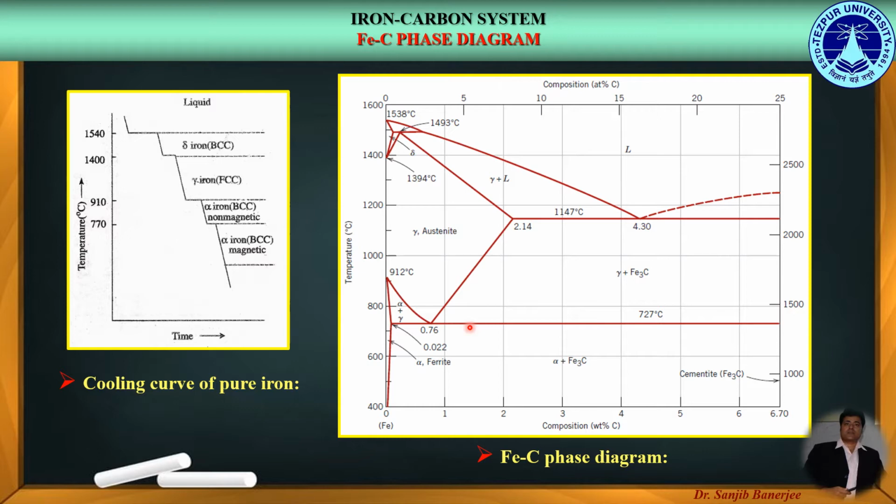Since the hypereutectoid steel has the composition of pearlite plus cementite, and the hypoeutectoid steel has pearlite plus ferrite, and cementite is a brittle phase compared to the ferrite phase, the hypereutectoid steel is a brittle one compared to the hypoeutectoid steel. So these are the different relevant and significant features of the iron-carbon phase diagram.